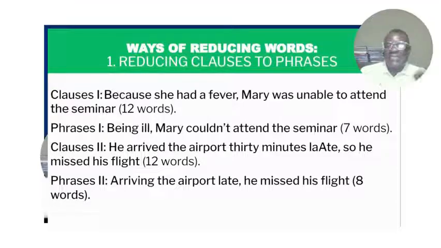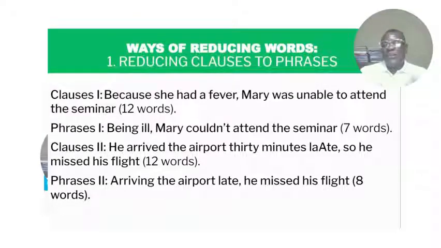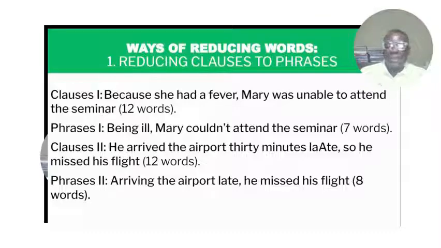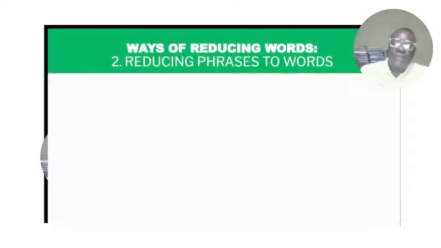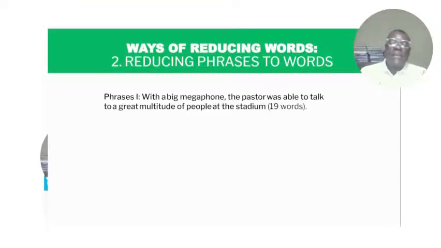Don't forget, we are extracting the main ideas. We may not be interested in the details of how many minutes or how many hours he was late. The important thing is that he was late. So by changing the clause to a phrase, we have reduced the sentence of 12 words to a sentence of 8 words.